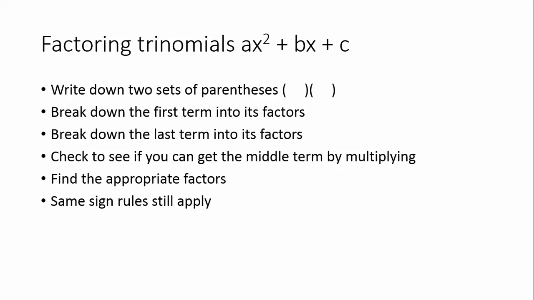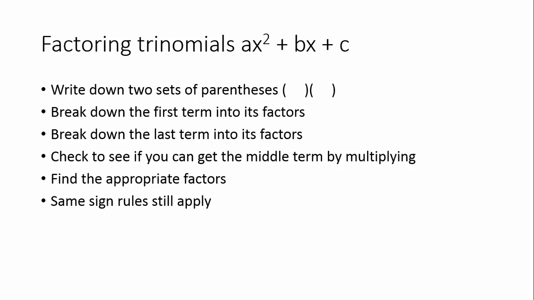So when you factor trinomials of this form, we're going to follow a few steps to help make things a little bit easier. You're still going to break down the trinomial into two smaller binomials. So we're going to write down our two sets of parentheses. Then we're going to break down the first term into its factors. After doing that, you're going to break down the last term into its factors like we've done in the past.